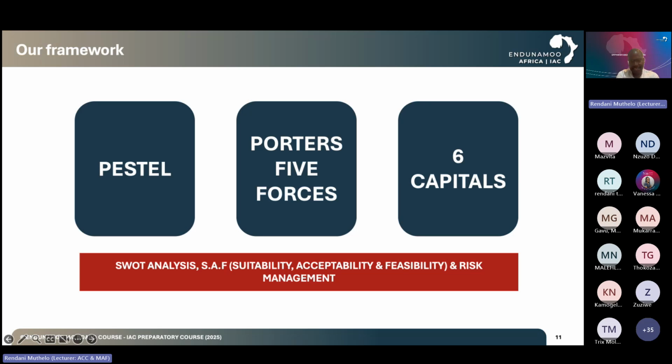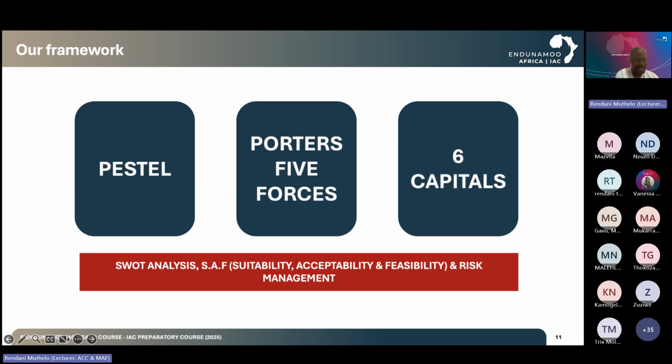So that is Porter's. Then PESTEL, on the other hand, is the general competitive environment, to say, from a country's perspective, how do you plan to generate value from them?